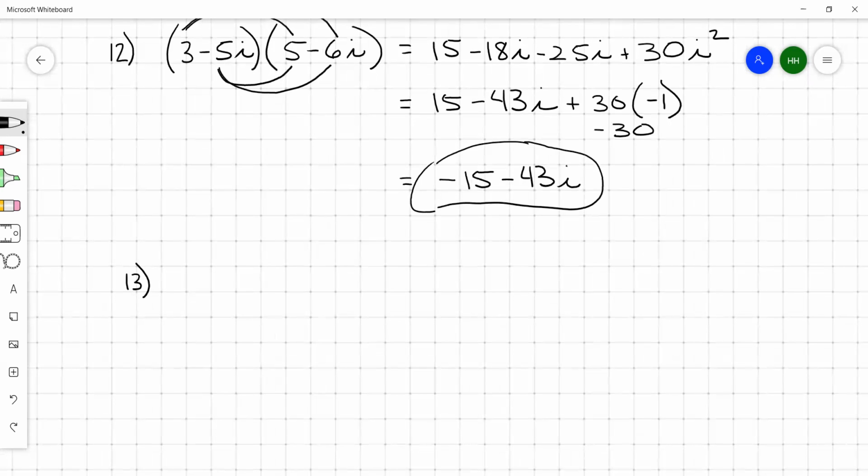Number 13 is 5 plus 3i. And we're multiplying it by negative 1 minus 2i.